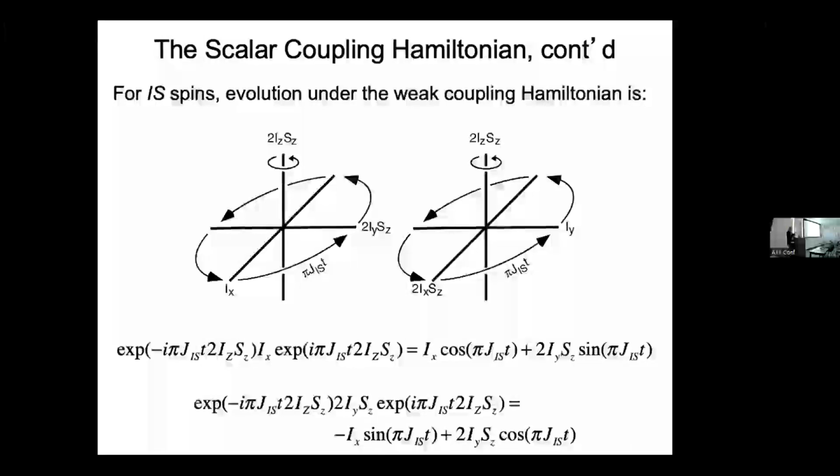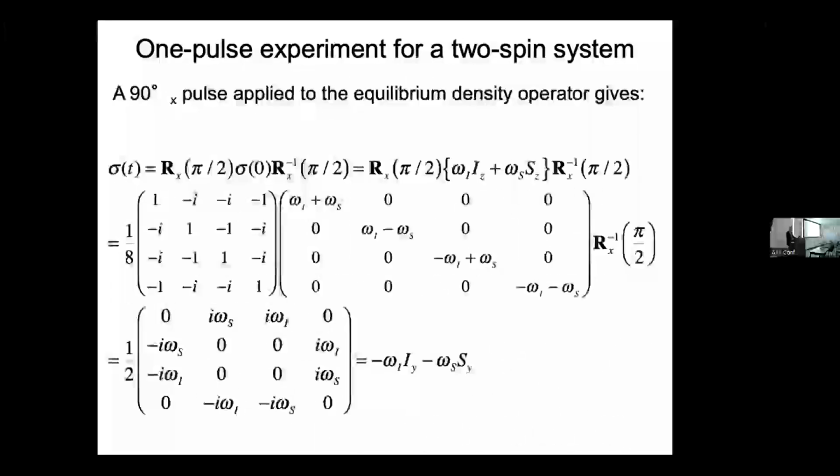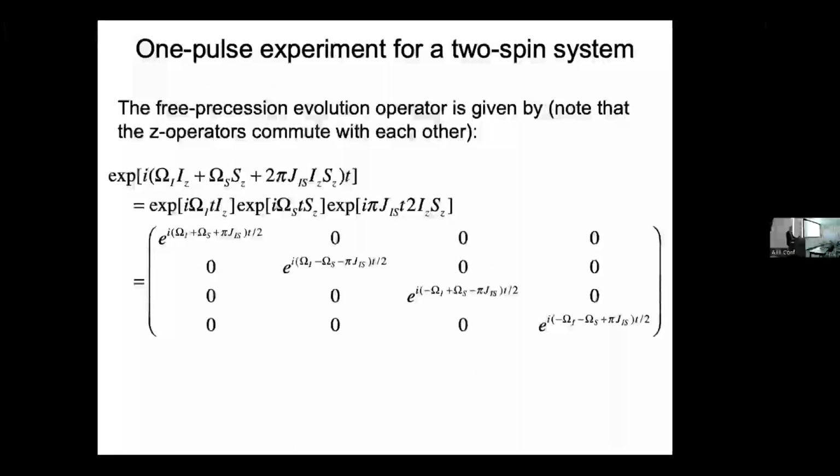That's the same as the Bloch equations. And now we know how to do rotations under the scalar coupling. So again, here's just generating the matrices and multiplying them together. And then at the end, here is the answer for the one pulse experiment.